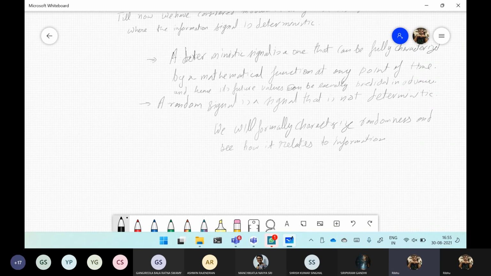We'll also see the effects of randomness as noise, and how it affects the performance of AM and FM systems. But we'll also see the good part of randomness, and we'll redevelop the theory of probability that you studied last semester.